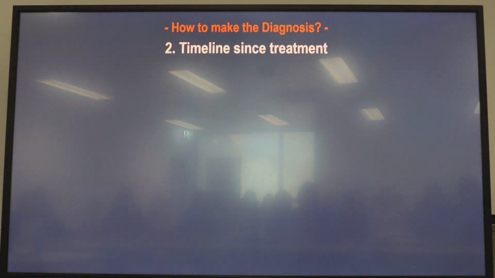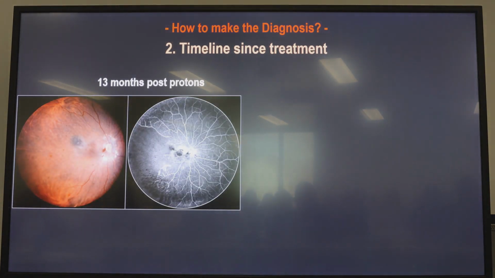There is another thing. Timeline since treatment. If you have, apart from the ischemia that was present, and you have to document at presentation to know where you stand, but if there is no ischemia whatsoever, it's very unusual to see a radiation-induced retinopathy in choroidal melanoma before 1 year after treatment. So if you see a retinopathy during the first year that is new, be aware and think, might this be a branch vein occlusion?